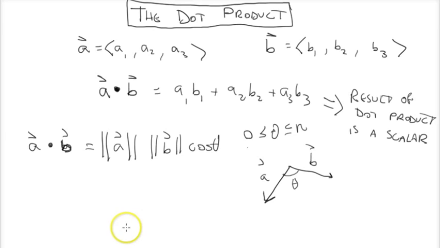This identity is important because it allows us to identify perpendicular vectors, or orthogonal vectors, simply based on their components, because we can find this dot product value this way.